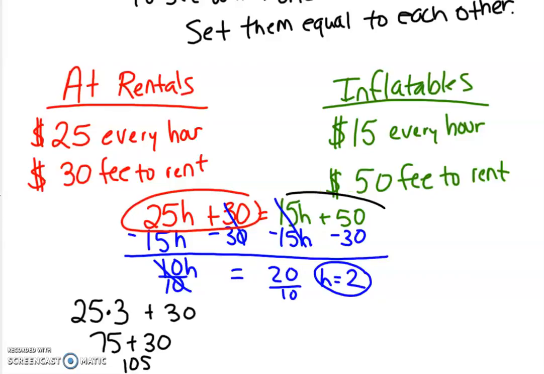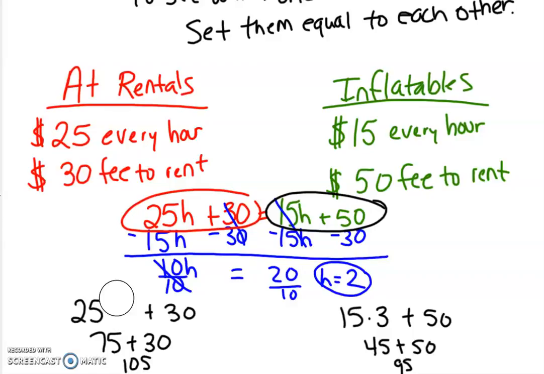Over here, let's take your equation. 15 times 3 hours plus 50. So 15 times 3 is 45 plus 50 would give you $95. So for 3 hours, it would be cheaper to use inflatables. For 2 hours, they're going to be the exact same amount.